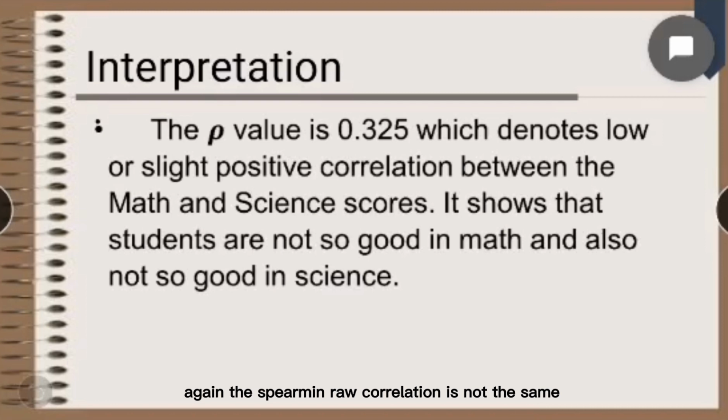Again, the Spearman rho correlation coefficient is not the same with the Pearson. Because the Pearson is more on the linear relationship, while our Spearman is more on the rank value of our two variables. Our Spearman is more on ranking than linear relationship.